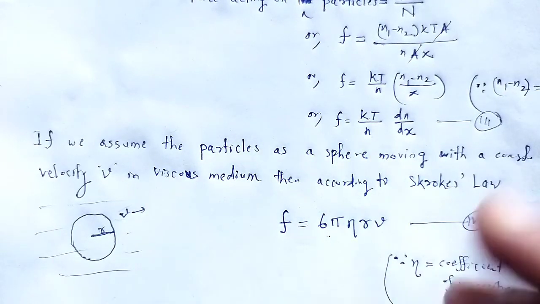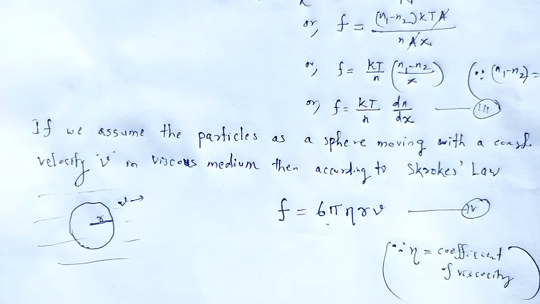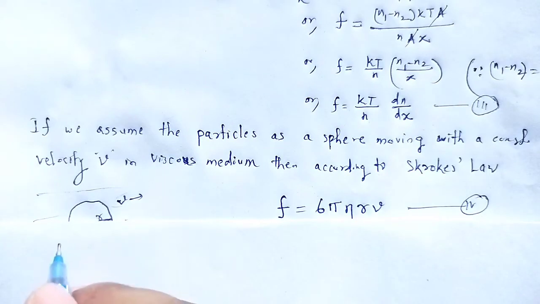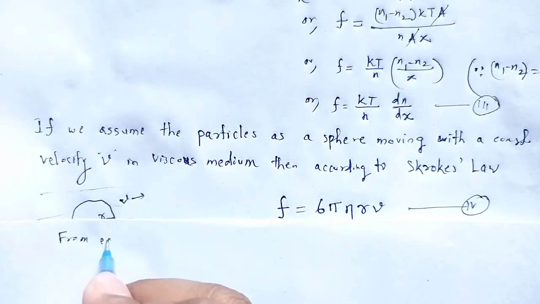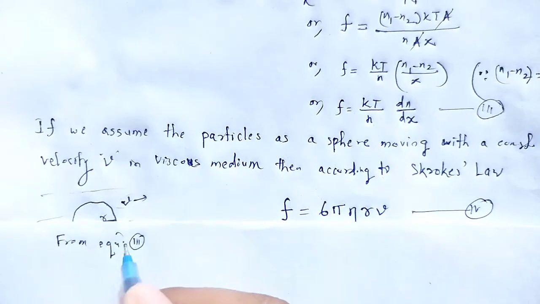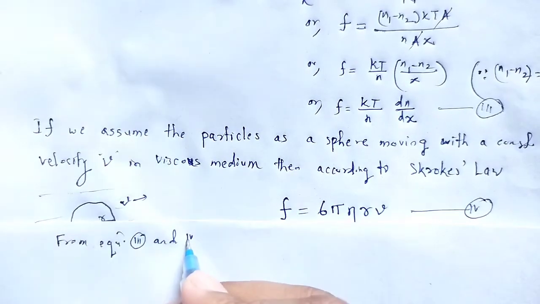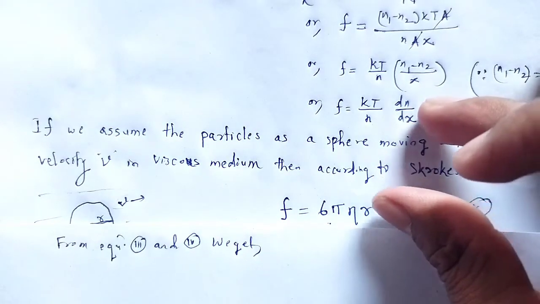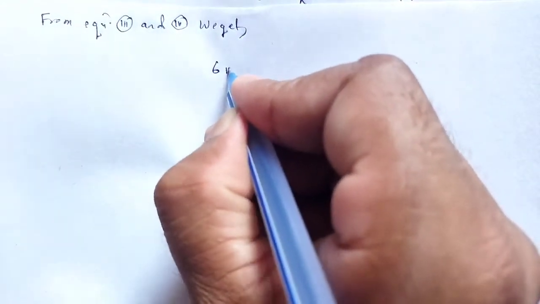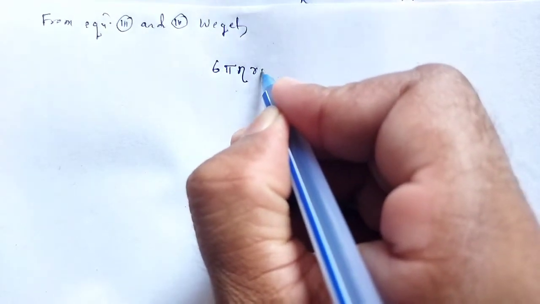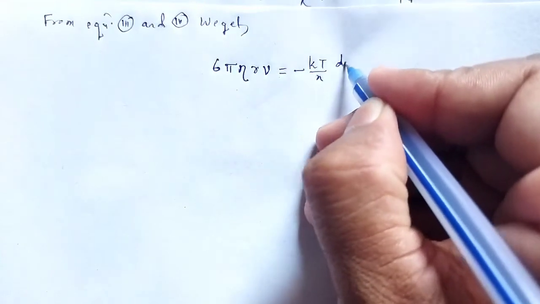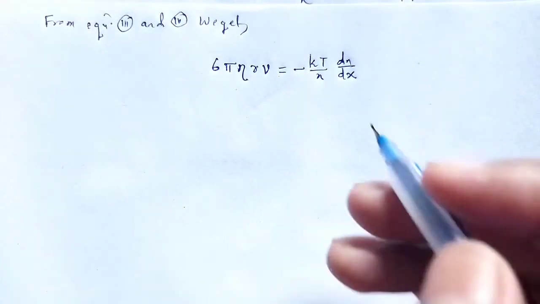Now comparing these two equations, from equation 3 and 4, just equating these two, we write 6 pi eta r v is equal to minus kT by n dn by dx.